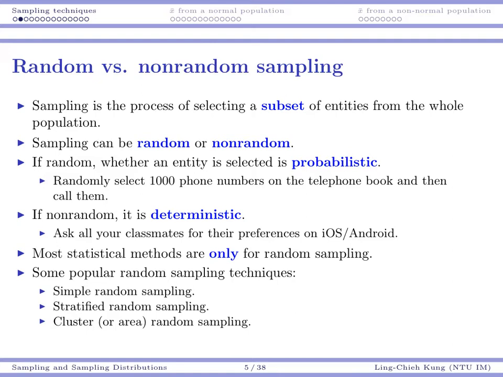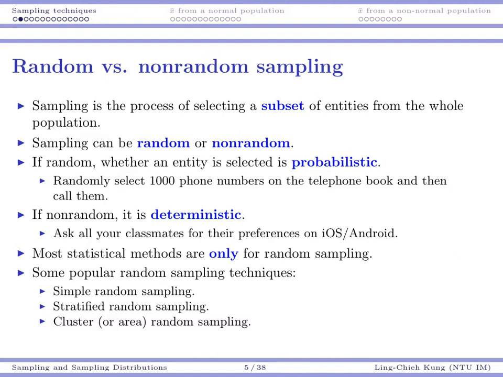Then it's called non-random sampling. Most of the statistical methods will only apply to random sampling, because only with random sampling can we make sure that we get a representative sample, right?